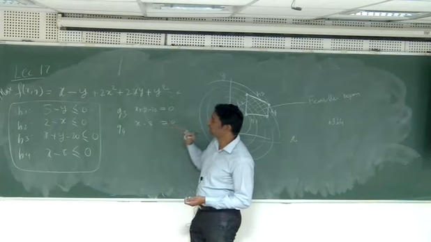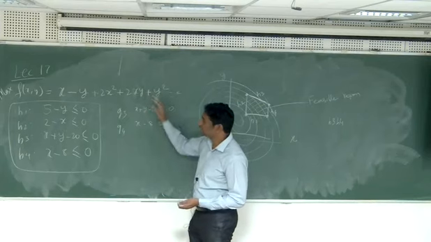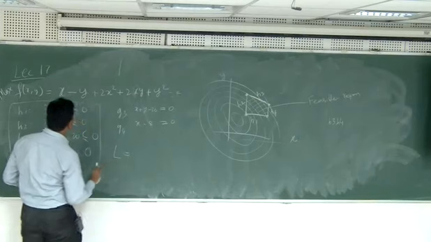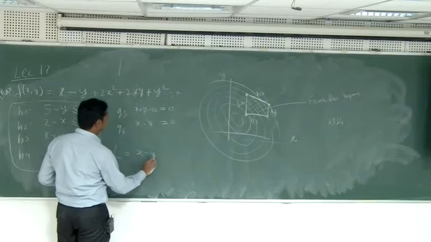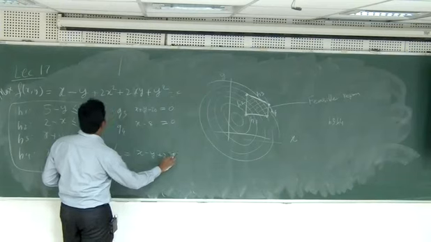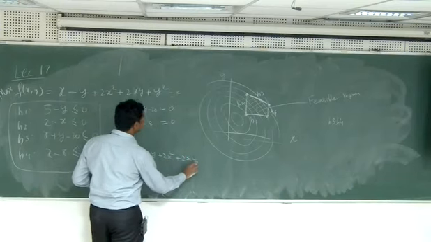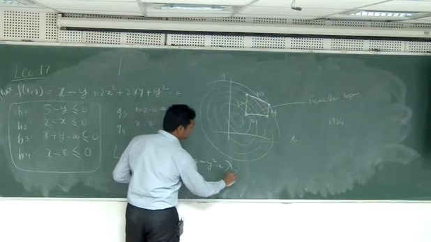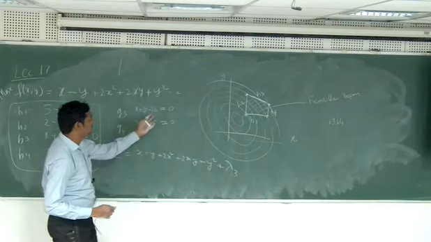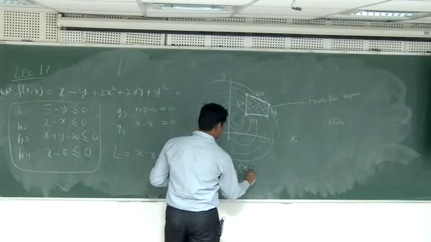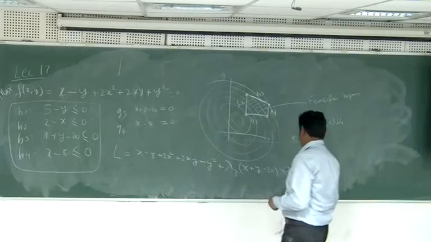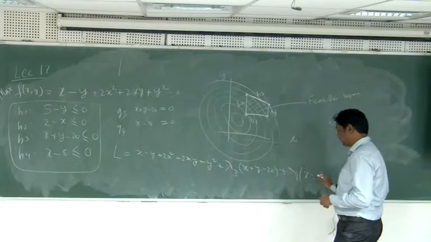Suppose only this problem is given to you, how do you solve it? You will write L equal to the same, x minus y plus 2x square plus 2xy plus y square, plus let's say lambda 3 into x plus y minus 20, plus lambda 4 into x minus 8.